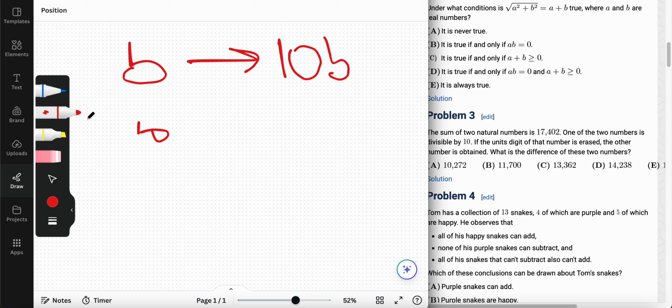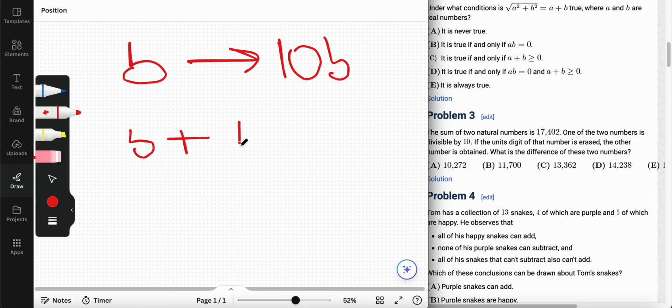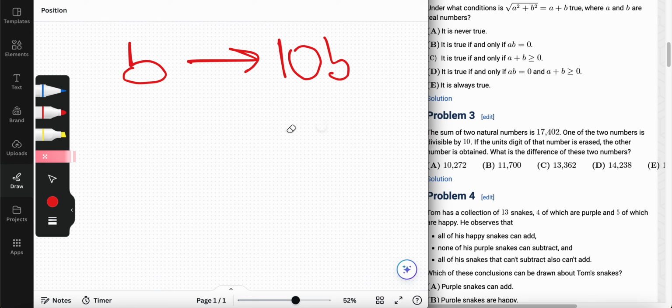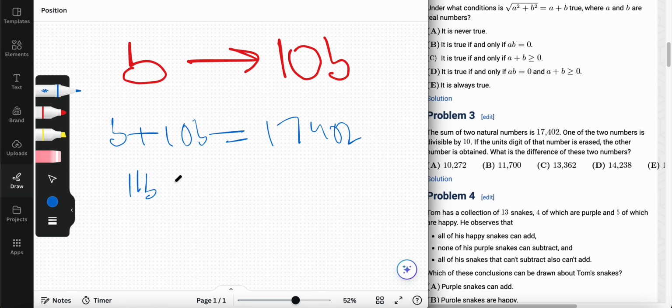So basically what I do is b plus 10b is equal to 17402. So 11b is equal to 17402. And then I can divide by 11.